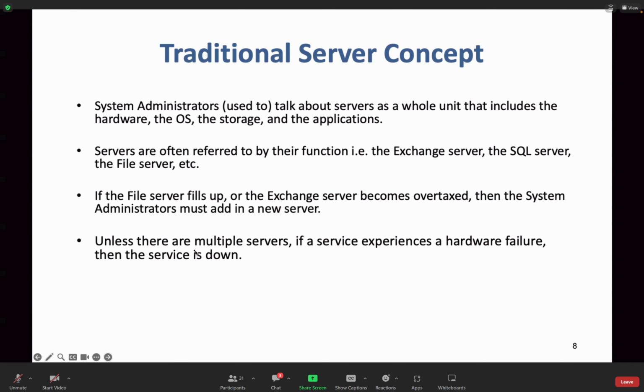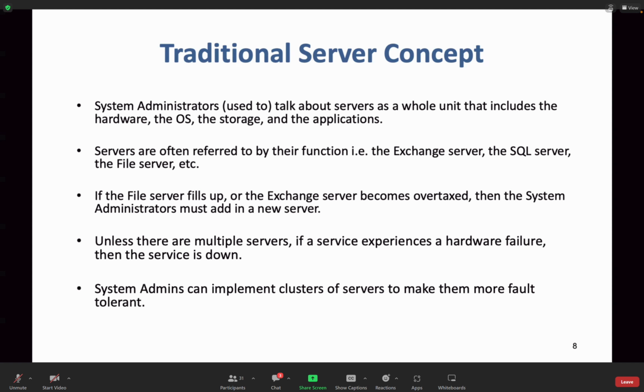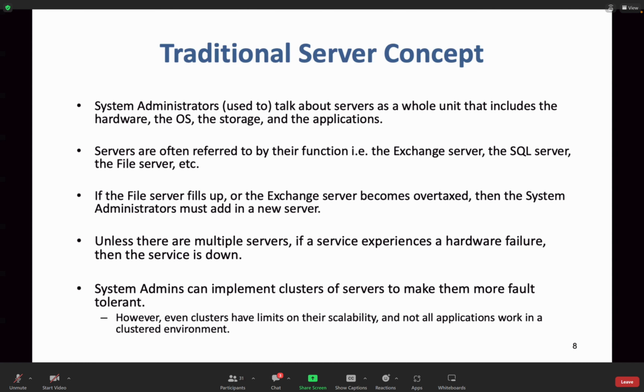When it's overloaded, it can experience service downtime, and hardware failure can also happen. So oftentimes multiple servers are used for one service, basically making a cluster. That will be helpful for fault tolerance.